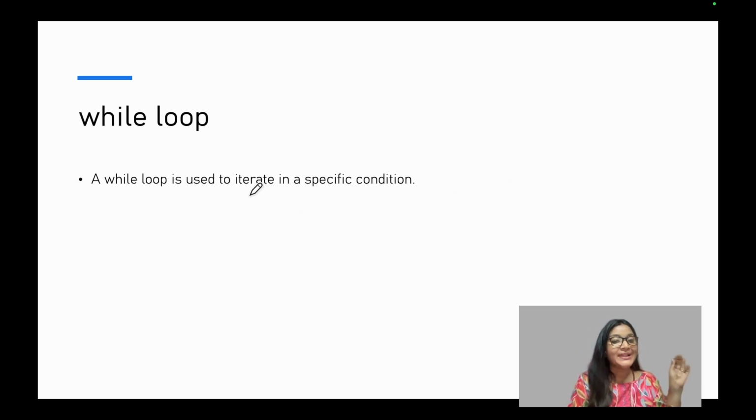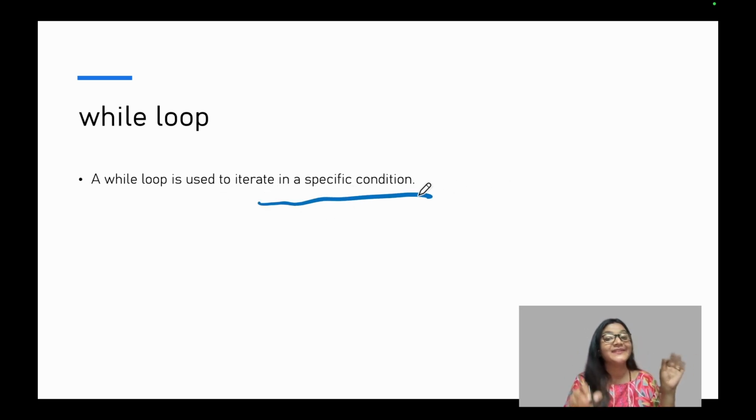See, while loop is used to iterate in a specific condition. Now, what do I mean by condition? Often the same codes can also be achieved using for loop and also using while loop. But the major difference lies in the factor that while loop works on some specific condition. So what could be the condition?